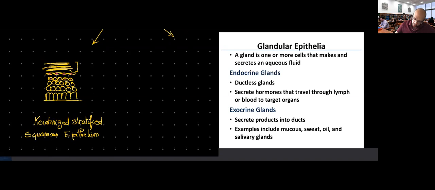And the other variety was formed by multiple cell layers, and the top cell layer was formed of flat cells.